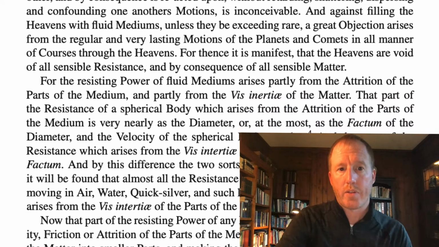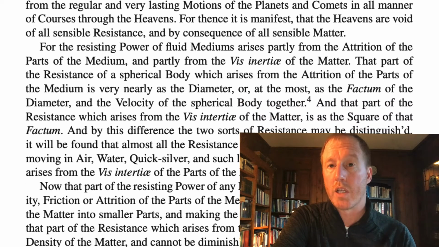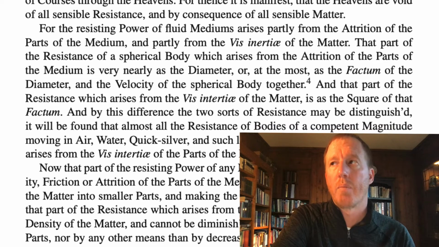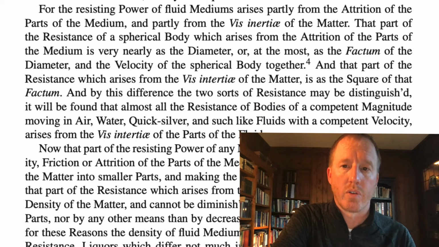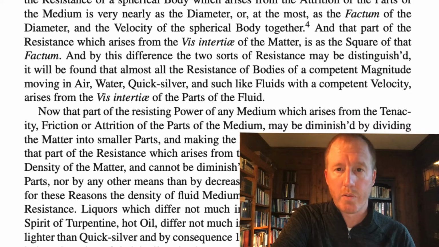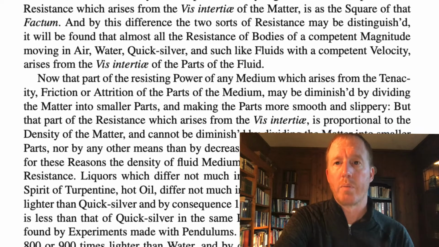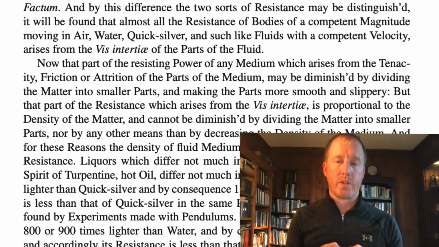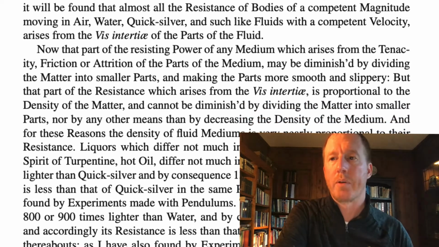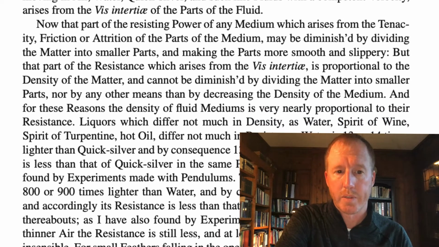And he talks about the kinds of drag force that arise because of the inertia of the fluid. This is called turbulent drag, that goes as the square of the velocity of the object moving through the fluid. And he also talks about the kind of drag that arises because of the tenacity or the stickiness of the fluid. That would be laminar or viscous drag, that is proportional to the speed of the object moving through it.